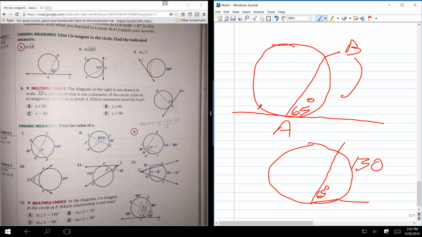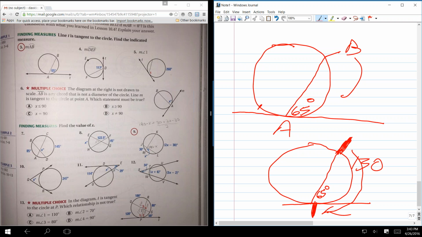Okay? So when I change this to making the bottom line a tangent line, it's basically subtending the arc from here to here, going in this direction. Right?